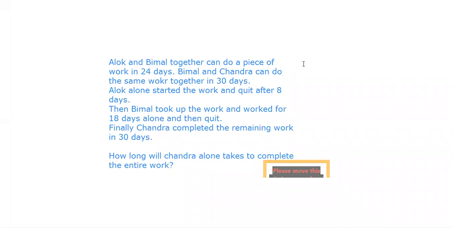Okay, so now look at this. For these type of questions, the assumptions which I told you play a very, very important role. Only if you can understand the assumptions, you can solve these type of problems in a much easier way. Now, Alok and Bimal together, which means A and B together, can complete 100% of the work in 24 days.